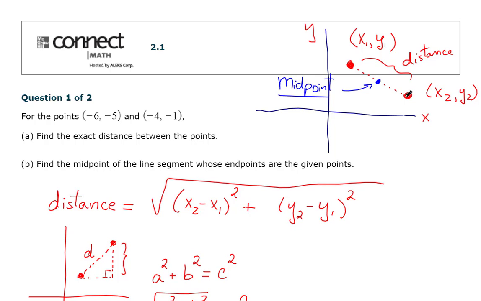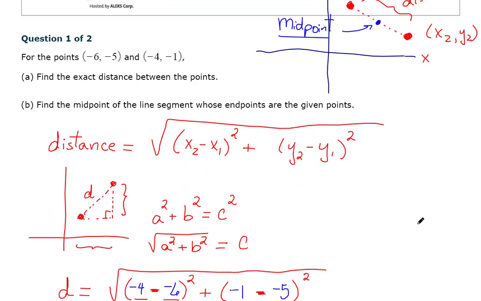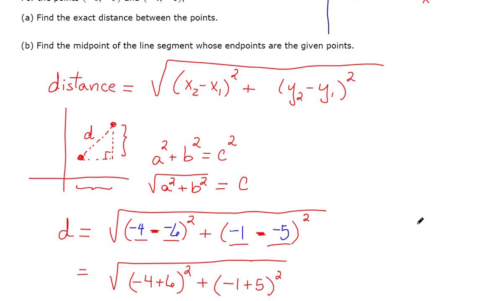One is called the distance formula. And the distance formula is based on the Pythagorean theorem. And that is, if we have a right triangle, so here's my right triangle, and if this is side A and this is side B, then the Pythagorean theorem says that the sum of the squares of the 2 sides must equal the hypotenuse squared.